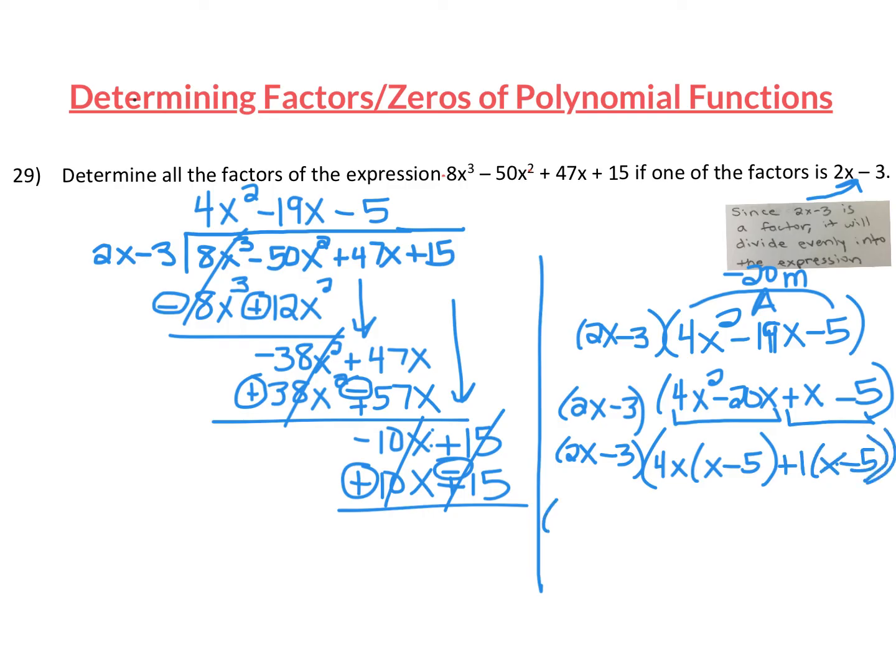So we're going to bring down the 2x minus 3. That's our first factor. Our next factor is formed by taking the 4x and the minus 1, those 2 terms that are in front of our common parentheses, and grouping them together as a factor. And our final factor is the common expression within the parentheses, the x minus 5.